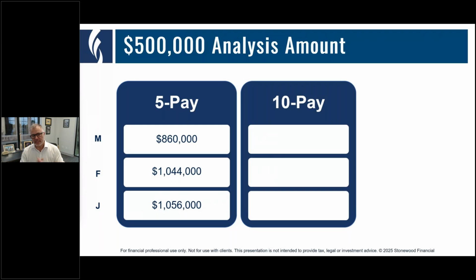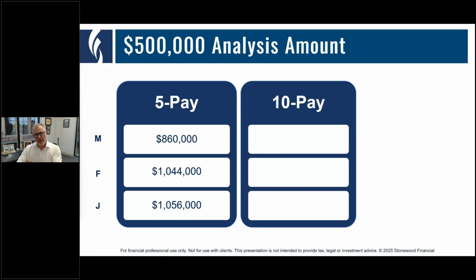In that case, if you wrote the insurance on the male, you'd be looking at $860,000 of legacy. If you wrote it on the wife, you cross over into 7 figures. So there's $1 million. And if you do a survivorship type case, it's over $1 million as well. So that's up to you in structure and who's the insured. But that's our case for a 5-pay.